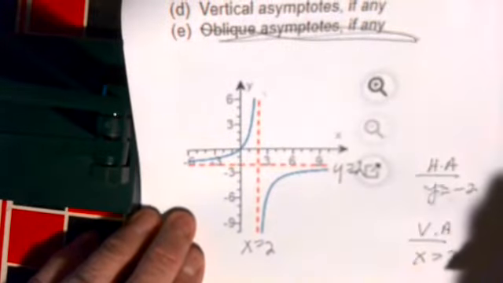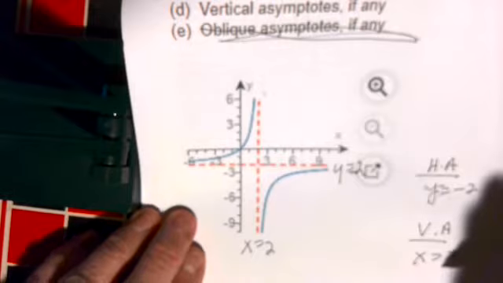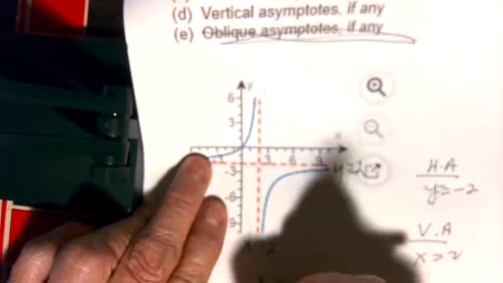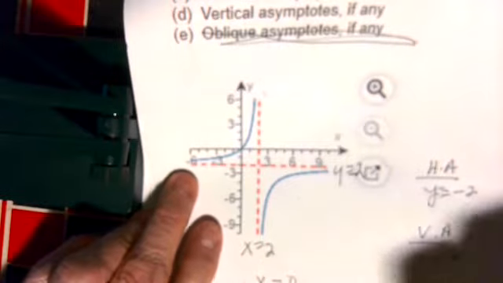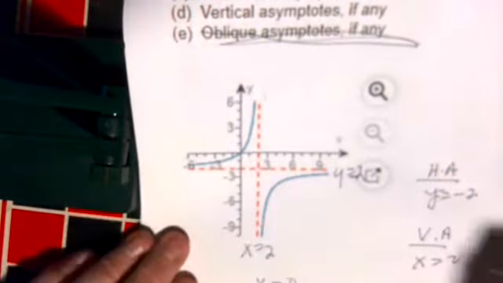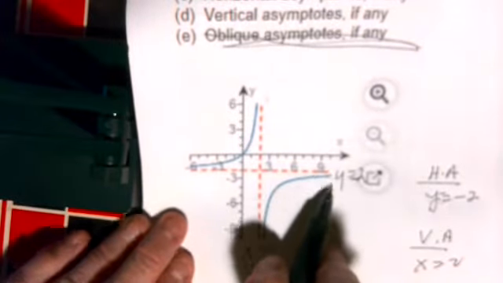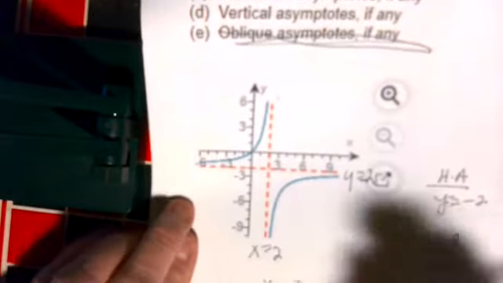X equal positive 2 is the vertical asymptote. Intercepts, it looks like x equals 0 is the x-intercept, y equals 0 is the y-intercept. There aren't going to be any other intercepts because this is not going to cross over this horizontal asymptote.